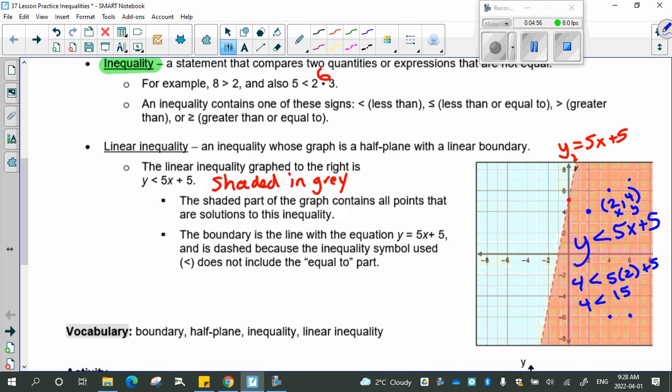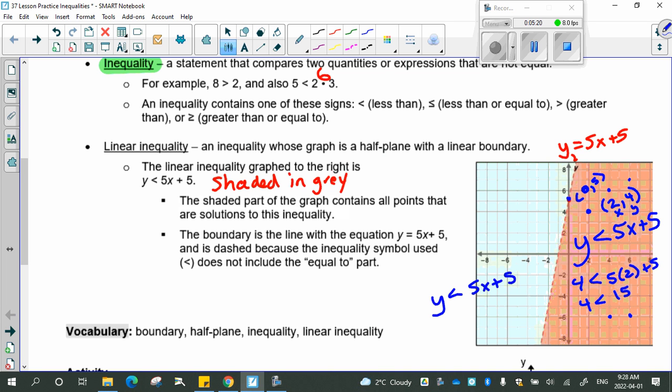Now what happens if I pick a boundary point? For instance, this boundary point is 0 and 5. Everyone agree that that boundary point there is 0 and 5? Does it satisfy y is less than 5x plus 5?